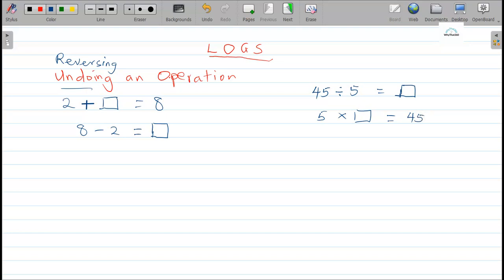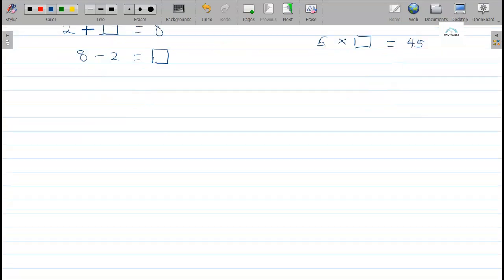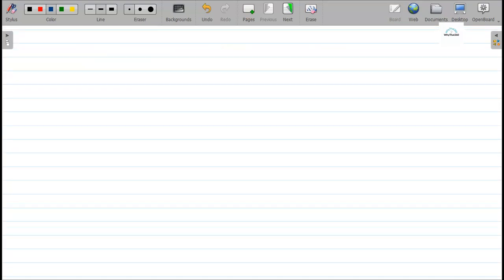Okay. And you just say, oh, okay, so we are just reversing. We just keep on reversing.